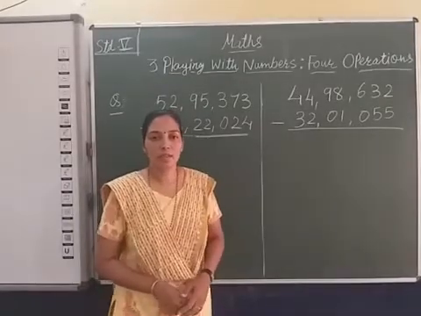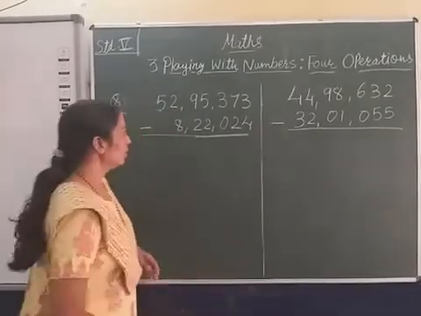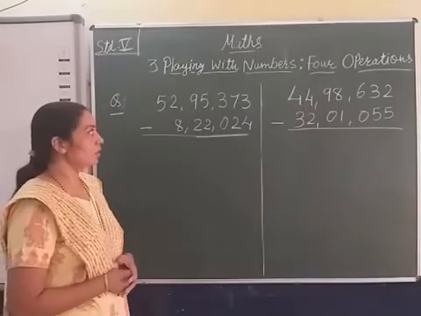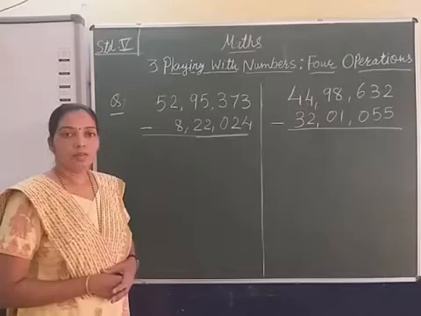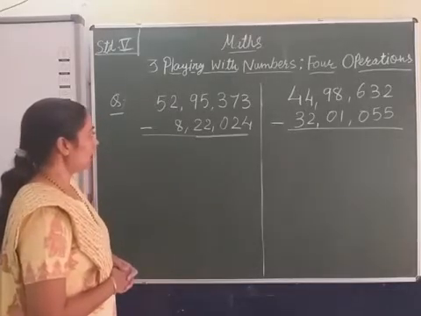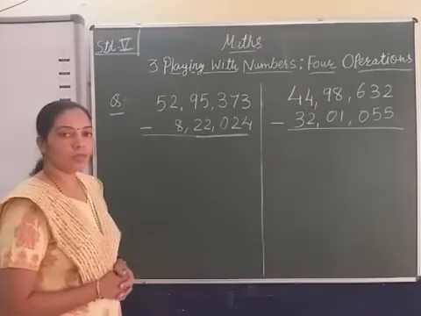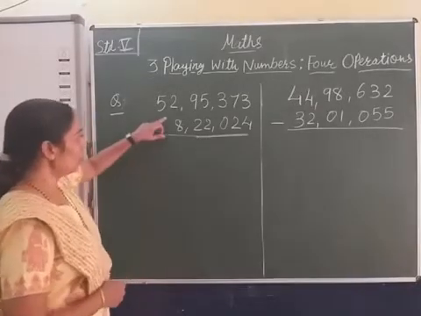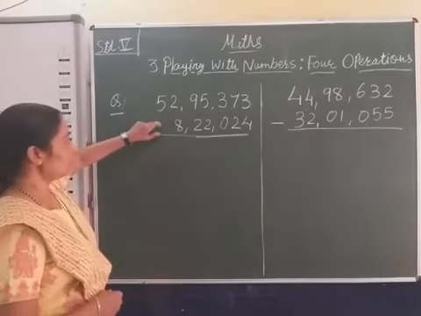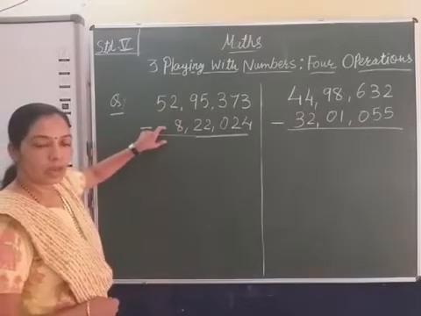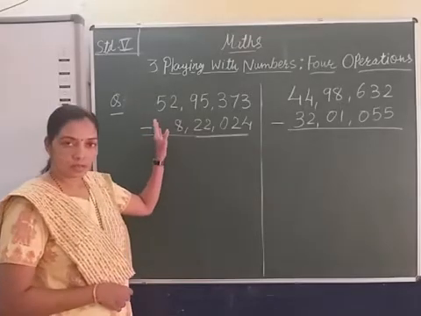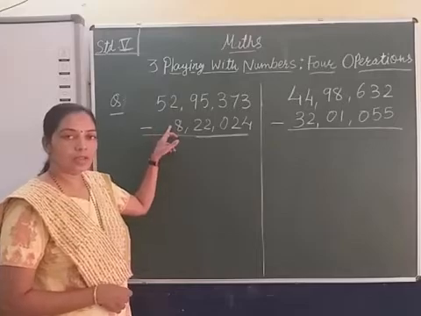Students, now let me see the subtraction of bigger numbers. Here 52 lakhs 95,373, we subtract 8 lakhs 22,024. Here it is 8 lakhs and here 52 lakhs. So this ten lakhs place should be empty. Yes, we should not write anything, so we understand that the value is 0.